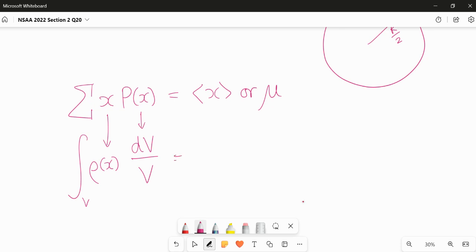This is the equivalent of saying rho of x times the infinitesimal probability of finding mass at that section of x. This would give us our average density, or rho average as I called it earlier.